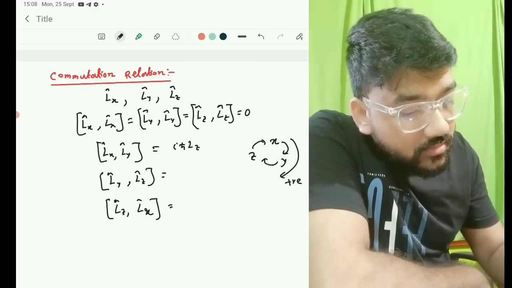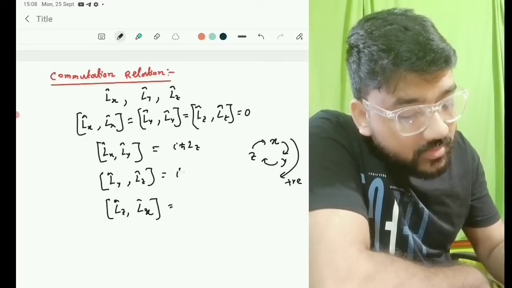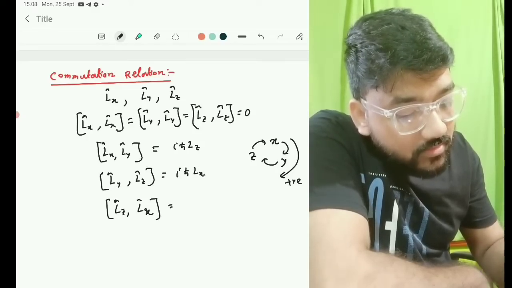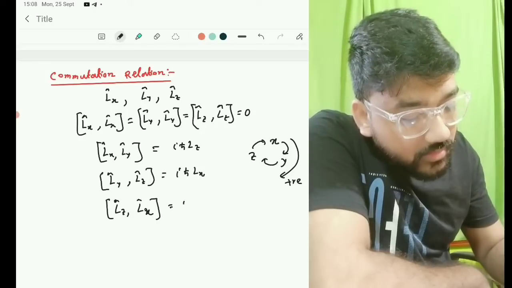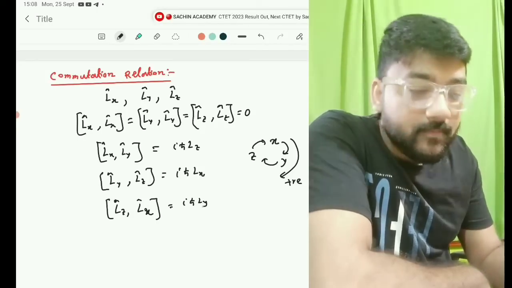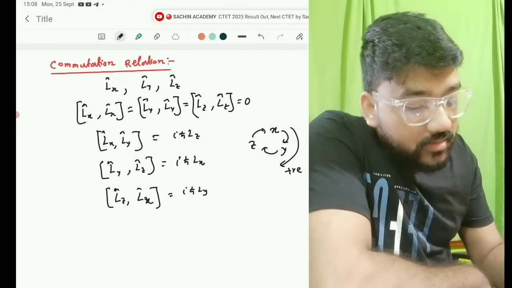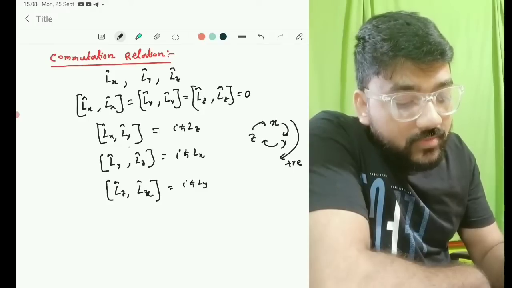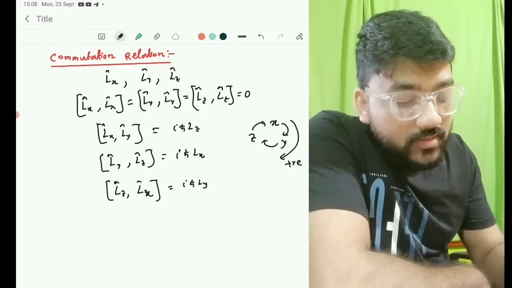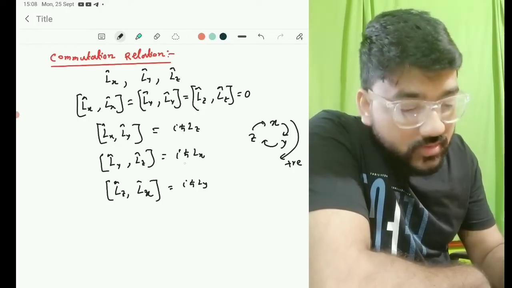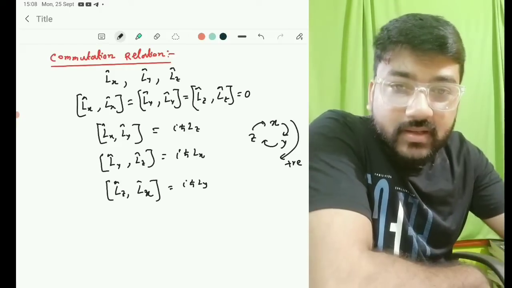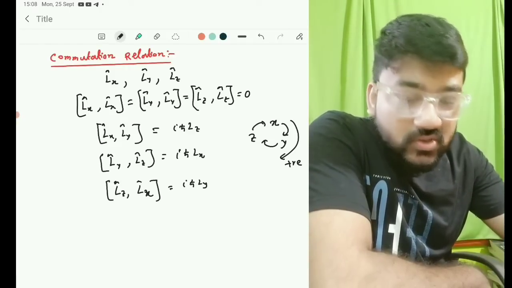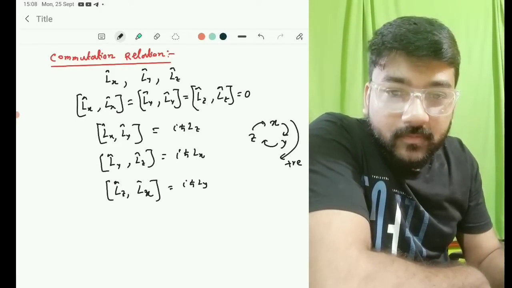Similarly, y to z will give you x, that means i h cross Lx. Similarly, z to x gives you y, that is i h cross Ly. Similarly, you can write for the reverse case also: Ly with Lx will be minus i h cross Lz, Lz with Ly will be minus i h cross Lx, and Lx with Lz will also be minus i h cross Ly. So this is how you can write that also.